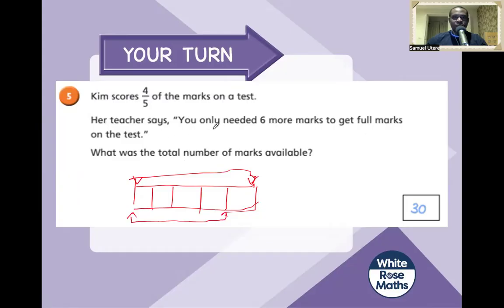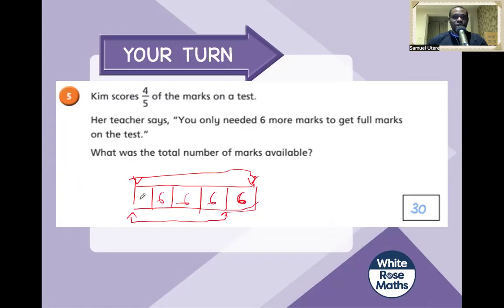her teacher says she only needed 6 more marks to get full marks on the test. So what we're being told is that, okay, if she needed 6 more marks, so this is what she doesn't have yet to get the full marks, then each of these has to be 6 as well.